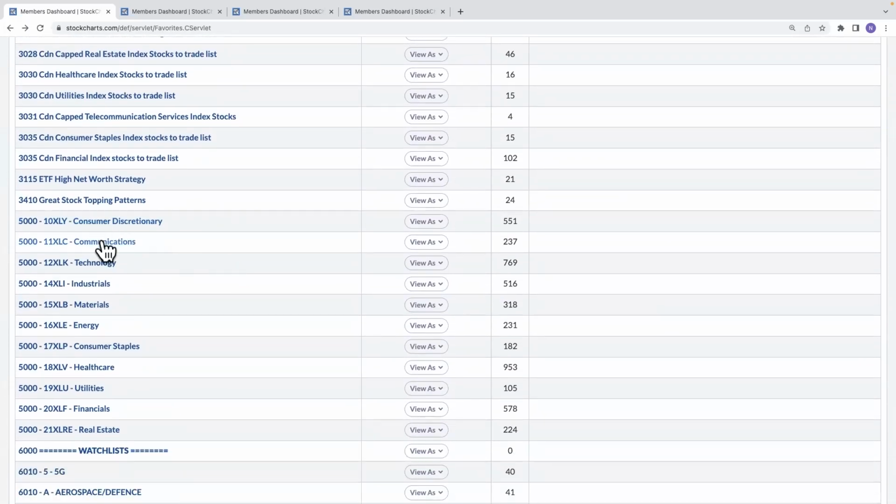Now, again, for all of the different sectors, you can set up a chart list with all of the stocks from those sectors in them very easily, and quickly just jump in and see what's moving in technology. You can click on that, and obviously it's going to take you into the chart list, but you can sort by sector, or sort by industry group, or sort by scooter ranking really, really quick, just within technology, to see what is moving.